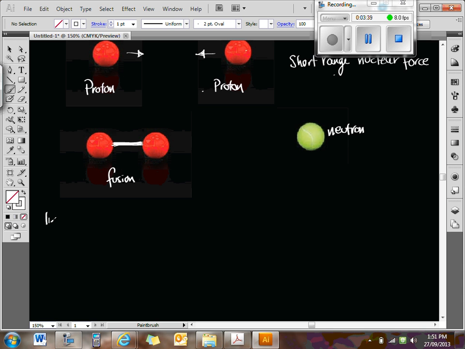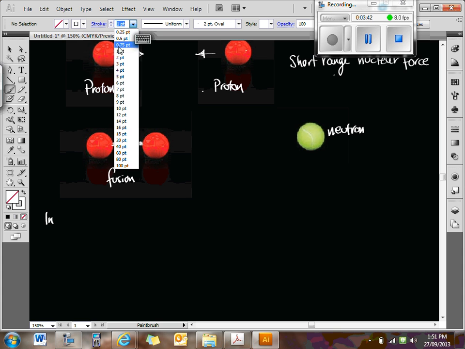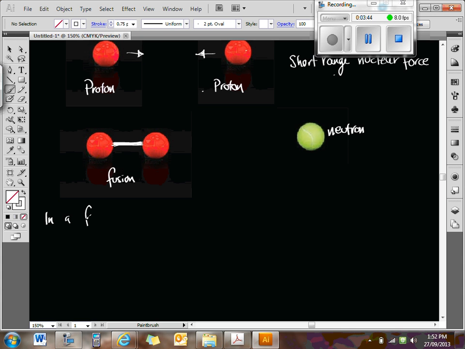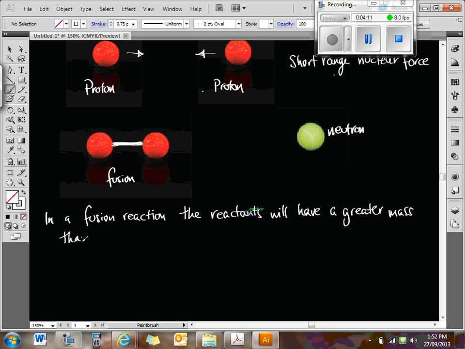So in a fusion reaction, the reactants will have greater mass than the products.